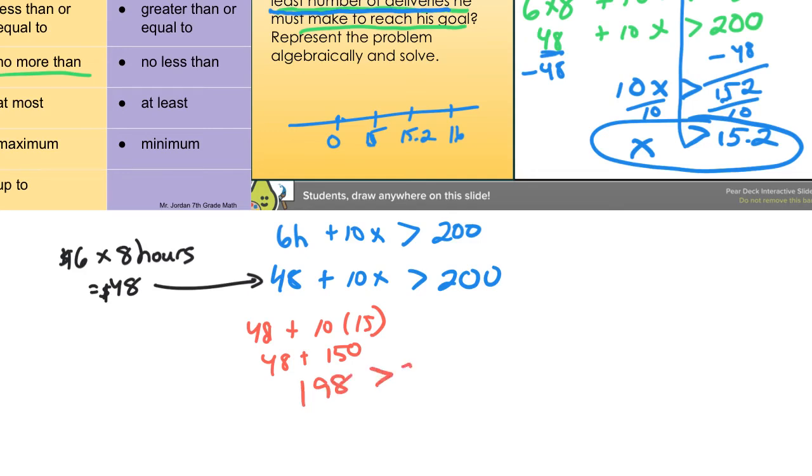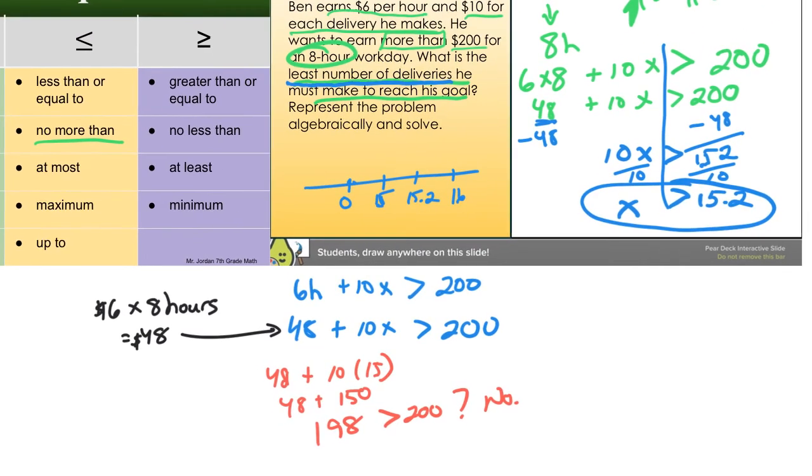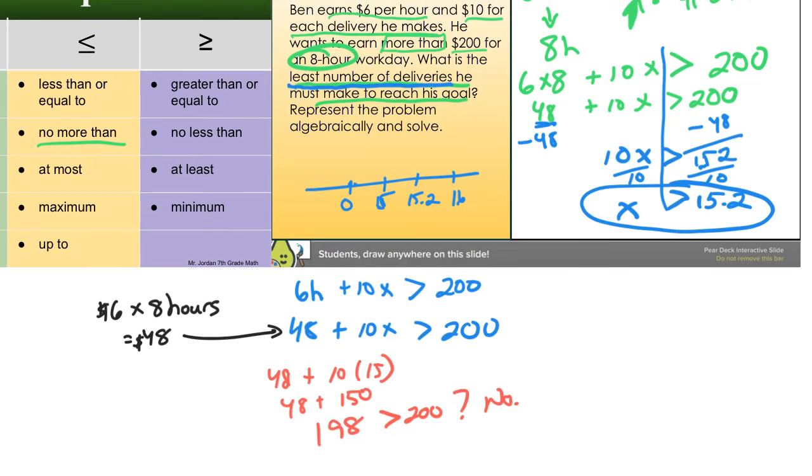Is 198 more than 200? No. So 15 is less than that. And he wants to earn more than $200. So if he only makes 15 deliveries, he only makes $198, so that's not enough.